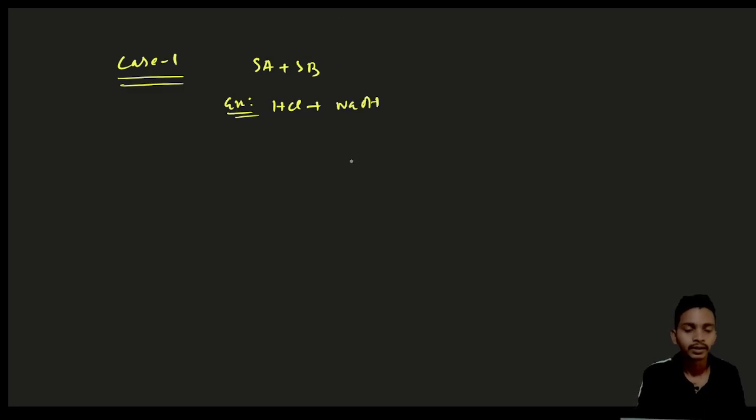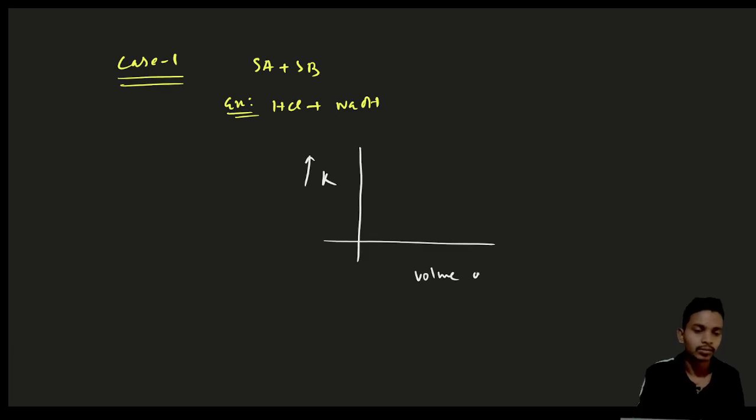So the graph will be conductance versus volume of NaOH. Here I have the acid, and I am adding the base.